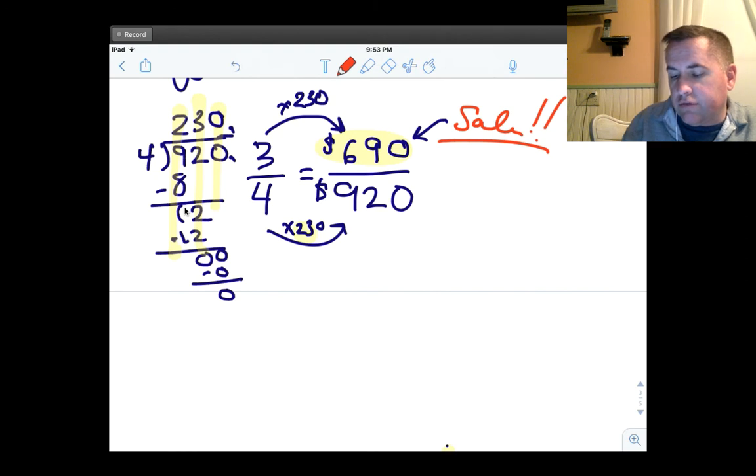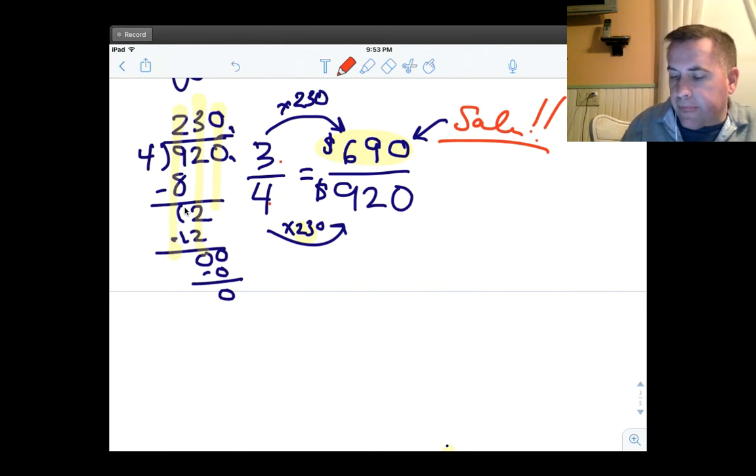Since you're responsible for 3 out of every $4, and there are 230 groups of those $4 in 920, you're responsible for 3 of those 230 groups. So you're responsible for $690. That is the sale price.